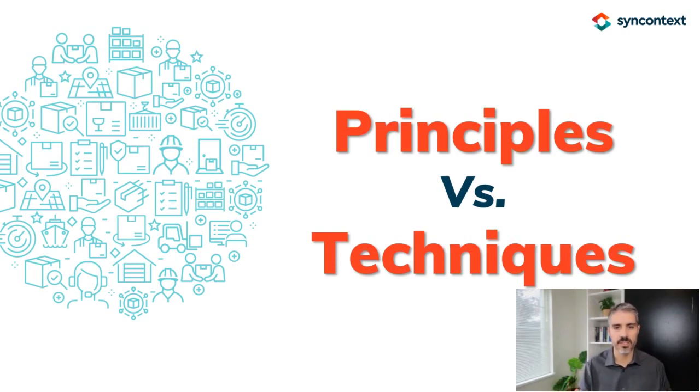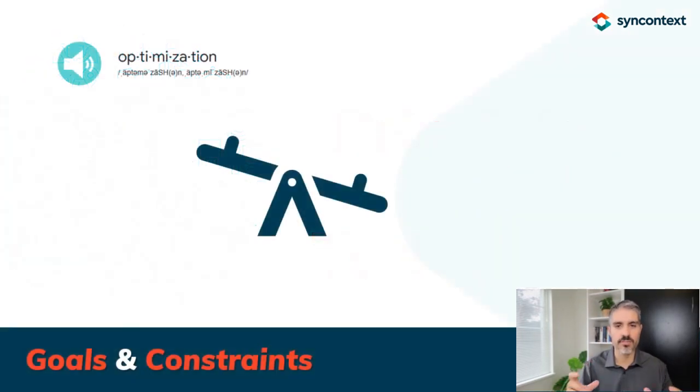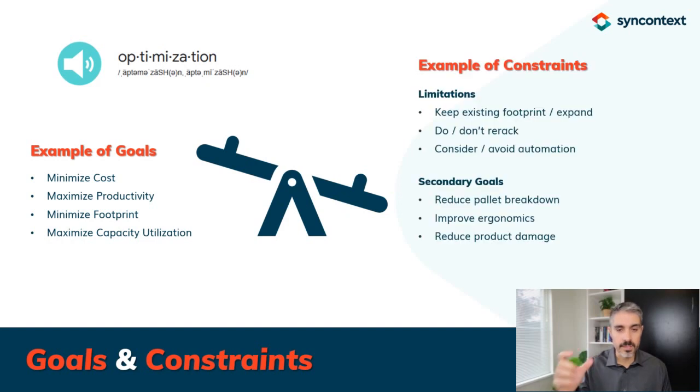So optimization, simply put, means changing variables to achieve an objective given a set of constraints. That's the simplest way that you can see optimization. And when we are talking about distribution operations, this objective, which is the overarching goal, could be to either maximize something or minimize something.